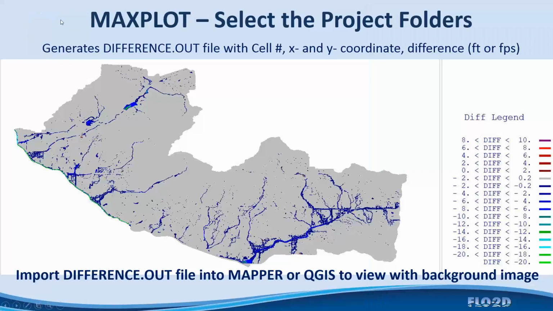Now what MaxPlot does when you select the project folders and then actually plot the maximum depth fp.out on the floodplain or something, it will generate for you this difference.out file. And then you can take this difference.out file into Mapper or QGIS to view it with a background image.